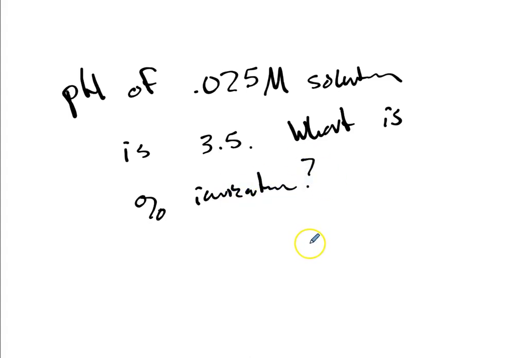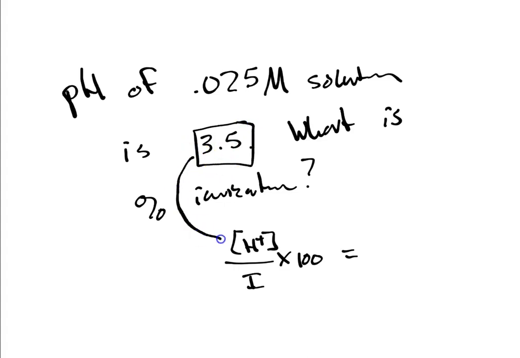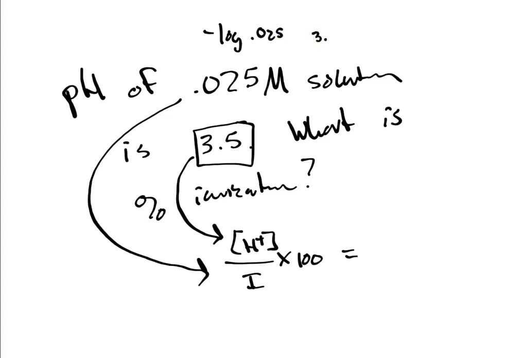So we need the H plus concentration over the initial times 100. We can use the pH to find the H plus. This is the initial, and we just plug and chug. Negative log of 0.025 is 3.16 times 10 to the negative 4. We then take that and divide it by 0.025.